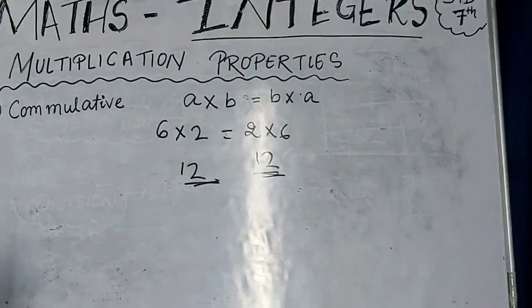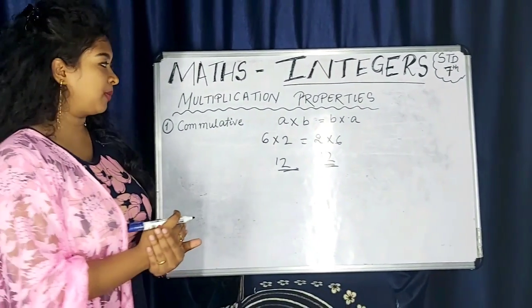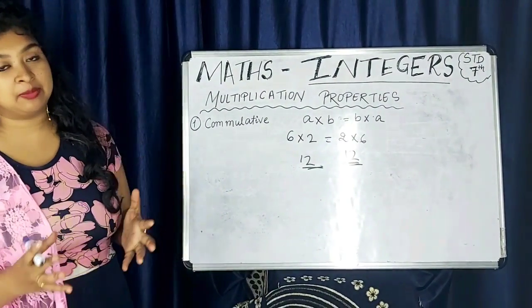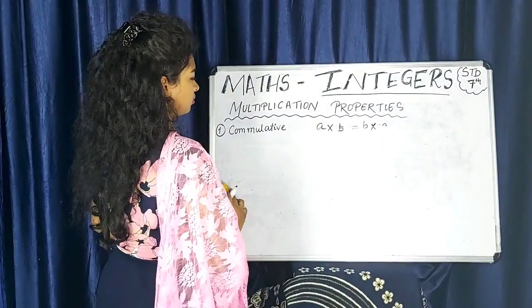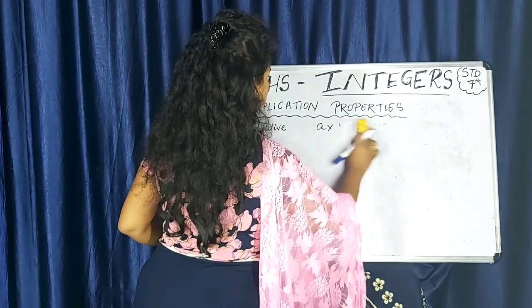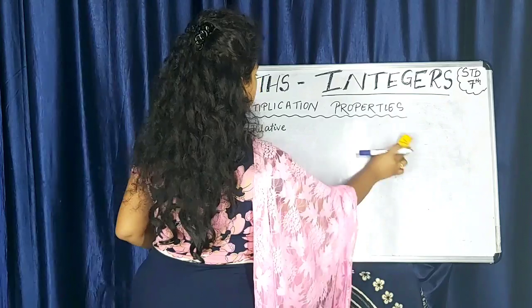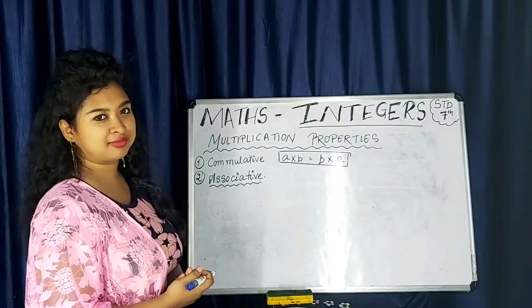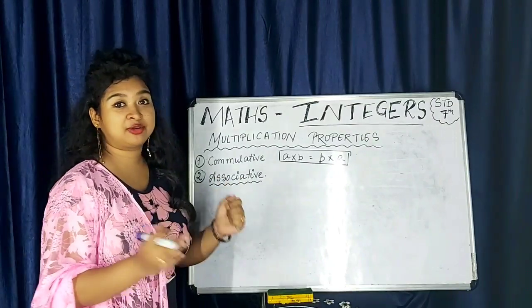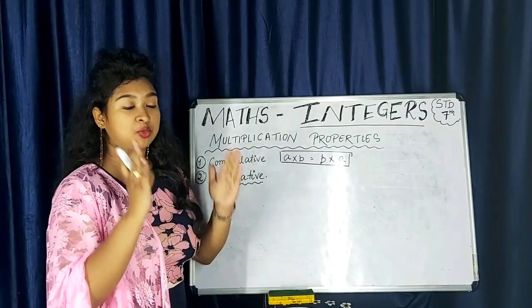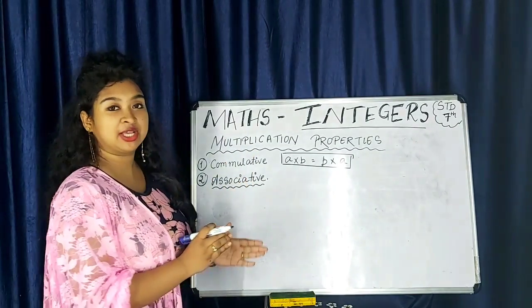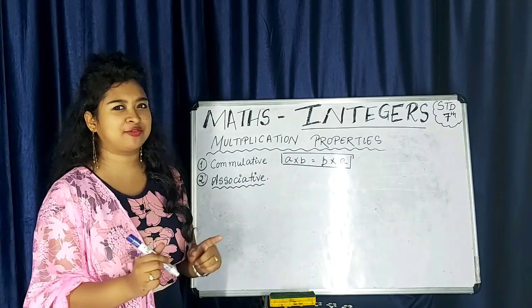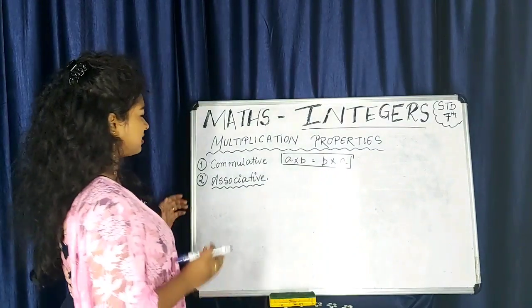So this is the commutative property of multiplication, the first point. So before going further, my dear students, just watch everything properly and note down whatever I am saying, because at the end of the session I am going to take a test for you.